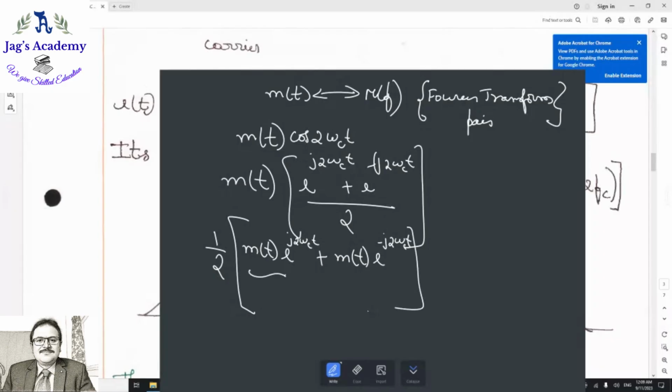Can you tell me what is the Fourier transform of this? Apply the shifting property. You know m of t and m of f are Fourier transform pairs. Go back to your Fourier transform properties. I have told you this in the last class: a shift in the frequency domain is equal to multiplication by an exponential term.